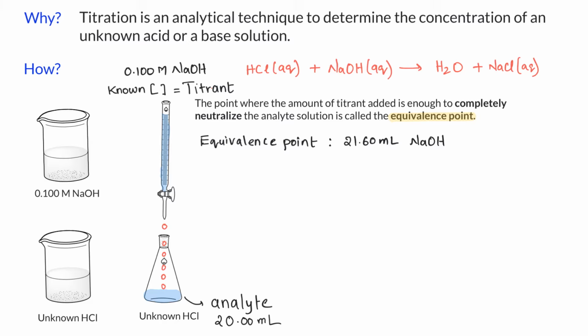Now we can use the information obtained in the experiment to determine the concentration of hydrochloric acid that we started with. We know that it took 21.6 milliliter of 0.100 molar sodium hydroxide solution to completely neutralize 20 milliliter of hydrochloric acid solution in the conical flask.